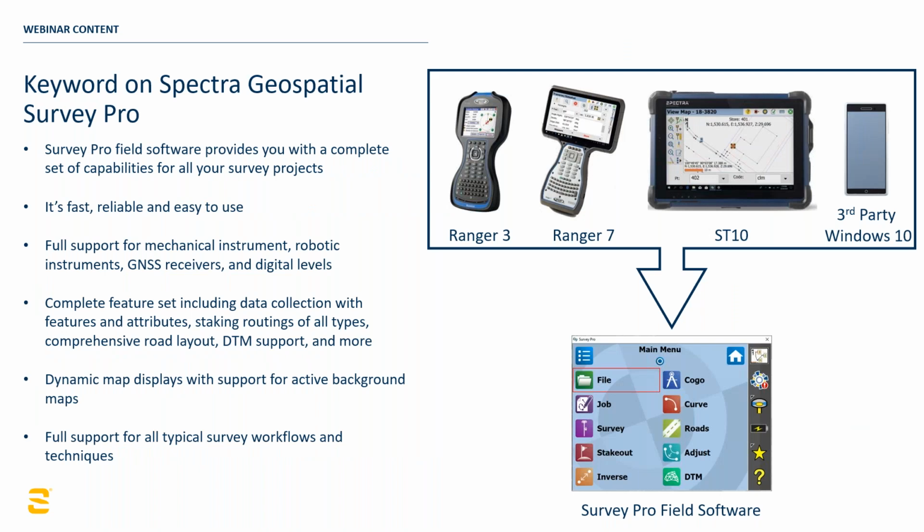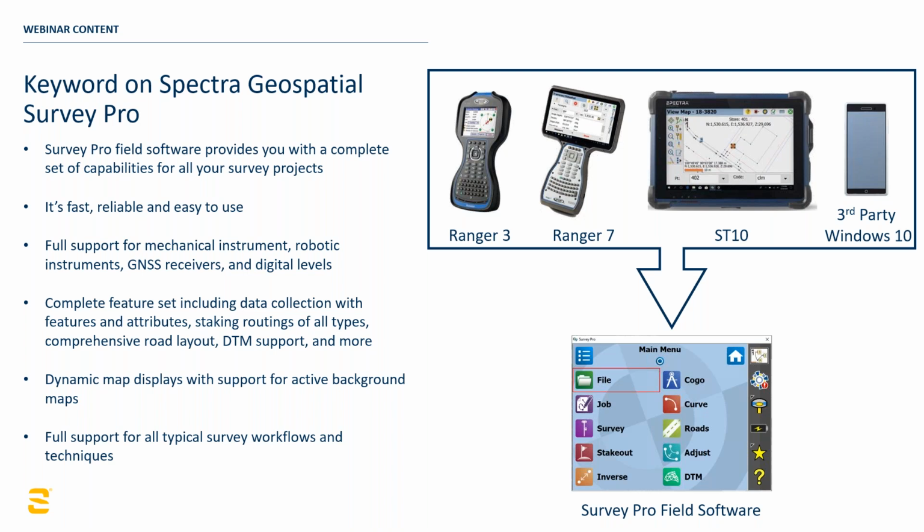So a short word on our field software, Survey Pro. Survey Pro is a field software that, generally speaking, is designed for land surveyors for different types of surveying jobs, construction, land surveying, and up to a point with the codes, maybe even some GIS. It's fast, easy, and reliable. It's a very mature product.